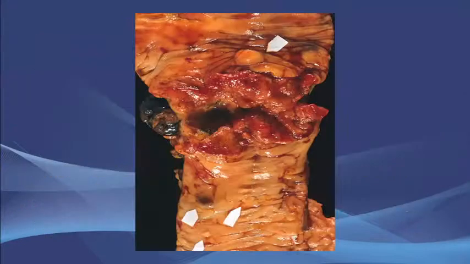So here is a tumor, large and ulcerated, and then we start to see some polyps. So that may have been the pre-existing condition that increased the risk, and then maybe one of the polyps underwent malignant transformation.